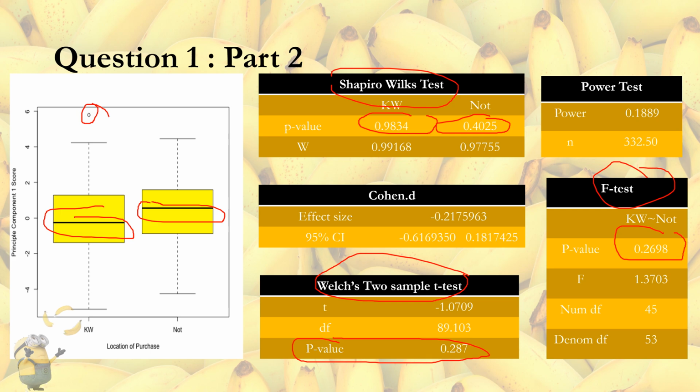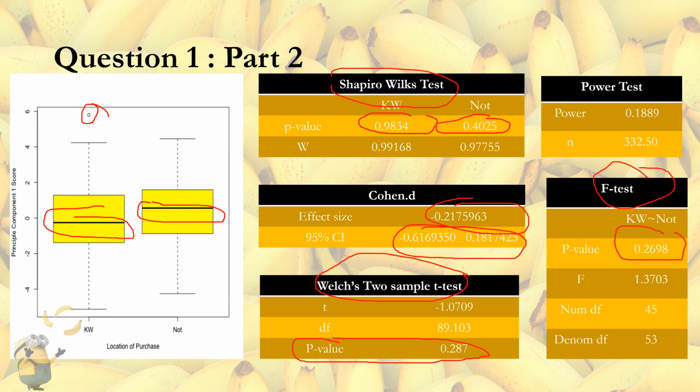I also calculated the effect size for this data, and it was negative 0.2175 with a 95% confidence interval of this value right here. I also did a two-sample power test, and it was 0.1889, or 19% of the time the null hypothesis can be rejected, which is fairly small.